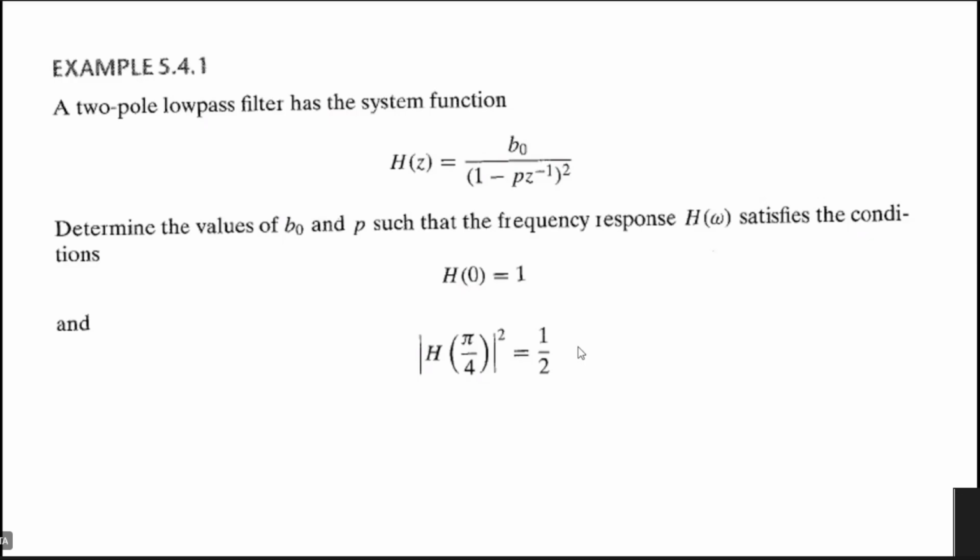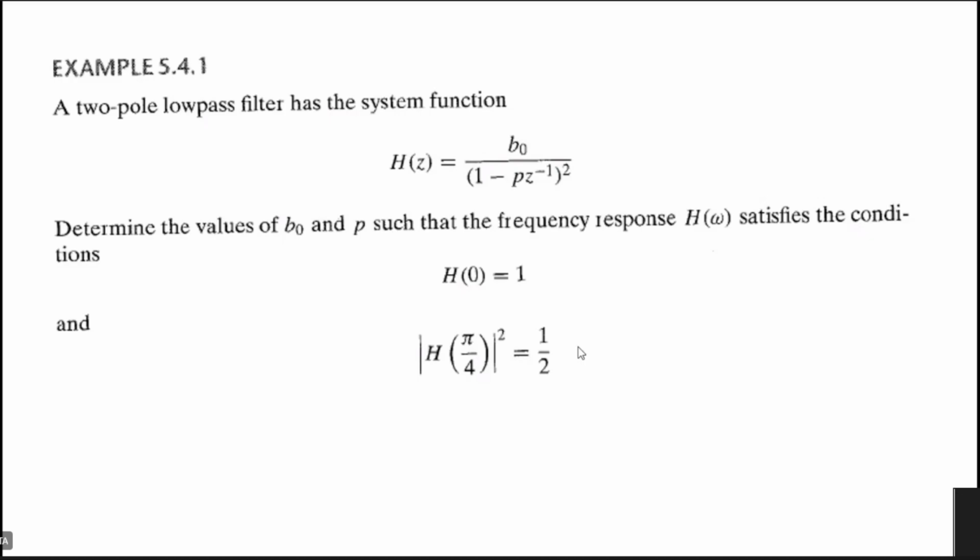We'll see that a two-pole low-pass filter has the system function B0 by 1 minus Pz inverse.